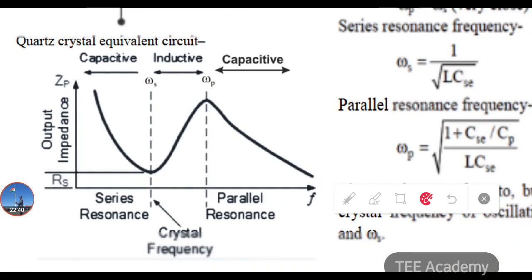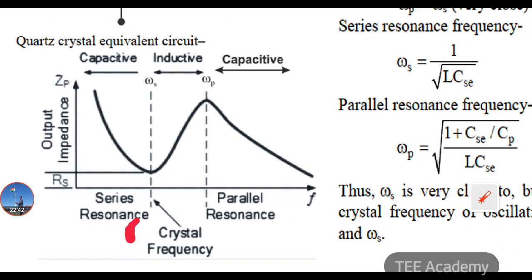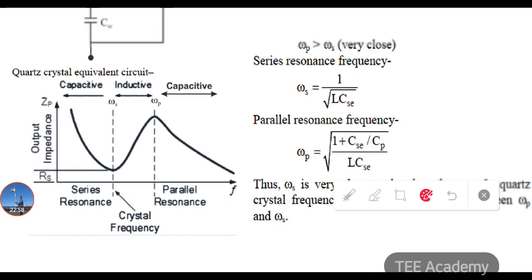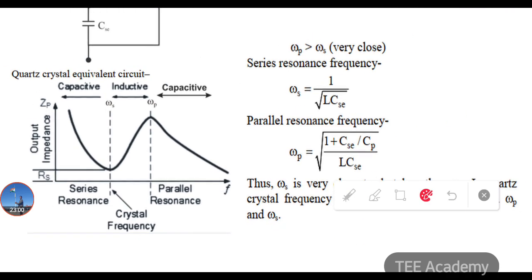So crystal frequency here, and in the question they are asking how Ws and Wp are related. So Ws and Wp are very close to each other, very near to each other, but Wp is greater than Ws here. So that is the conclusion here, and you can see the formulas and everything in the presentation.